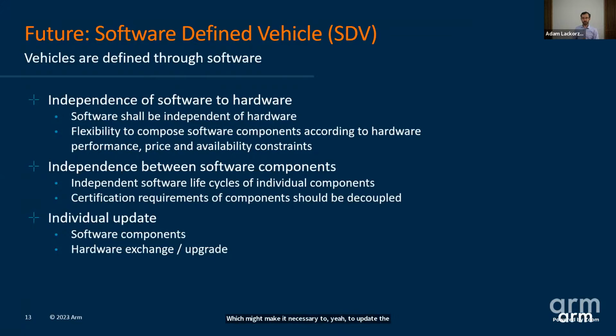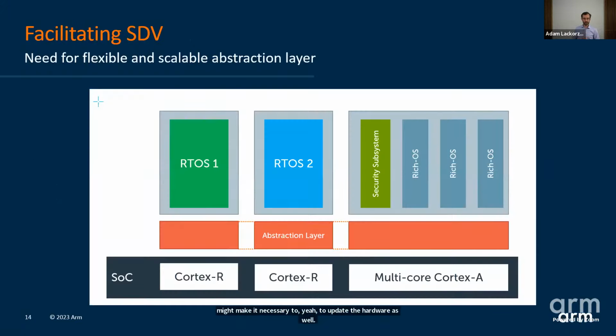All right, so when we now look at the picture we have seen previously, we can now add such an abstraction layer, which I've put in here. On the top, we still see the same kind of software components or software ecosystems running there, but there's an abstraction layer now.